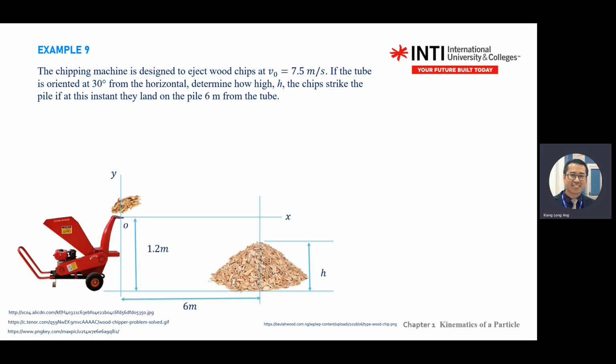You are given the mouth height is 1.2, the distance from the ground to this mouth is 1.2. You label this location as A, 30 degrees with velocity 7.5. So you draw a projectile intersecting with A at 30 degrees.